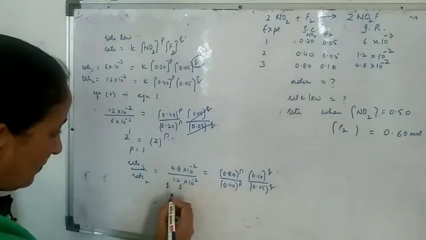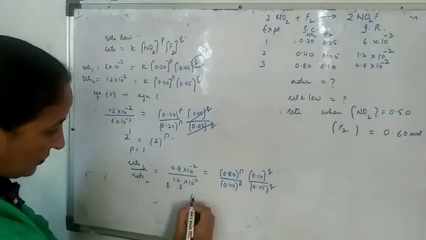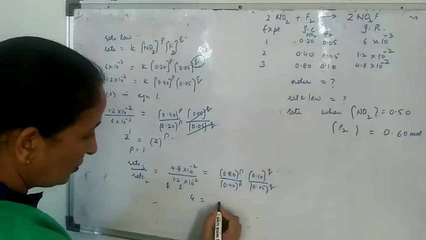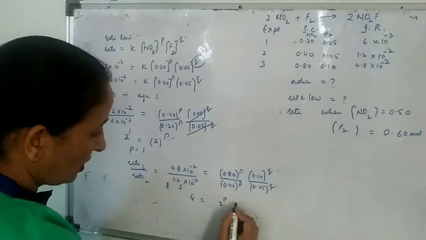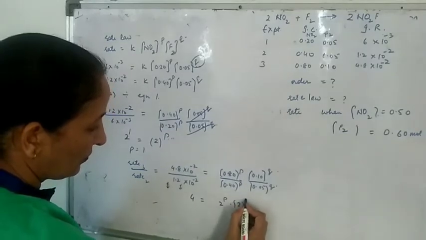So on solving, we get 4 is equal to 2 raised to power p into 2 raised to power q.